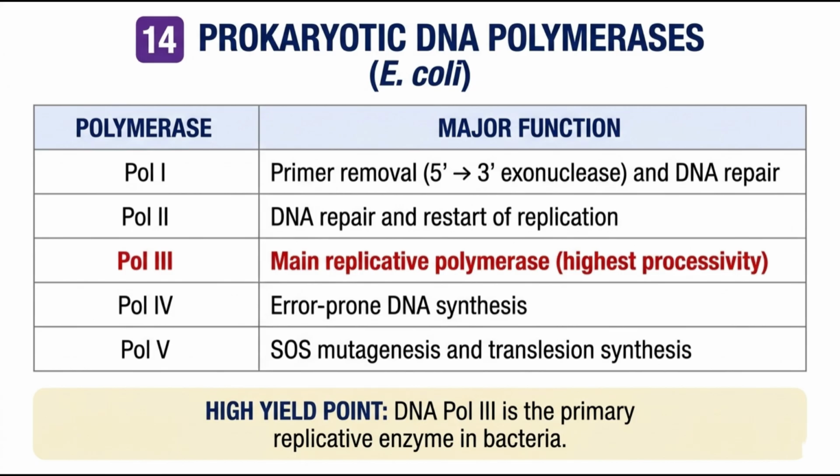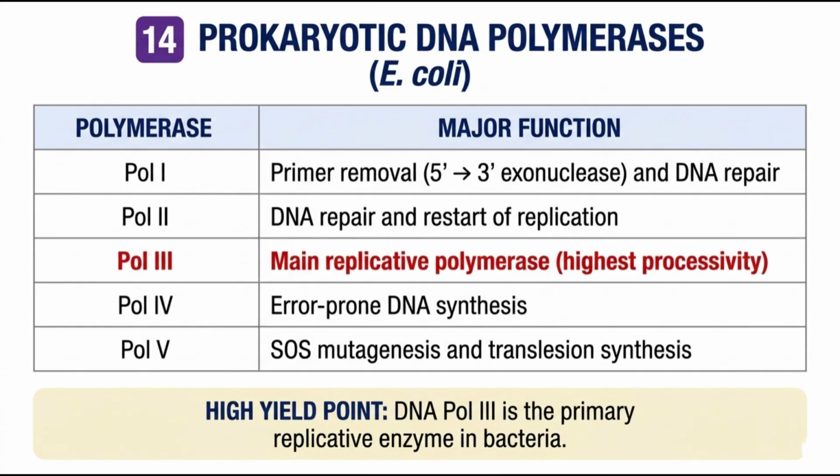Prokaryotic DNA polymerases. In E. coli, 5 major DNA polymerases are known. DNA polymerase 1 removes RNA primers, fills gaps, and participates in repair. It possesses 5' to 3' polymerase, 3' to 5' proofreading, and 5' to 3' exonuclease activities.